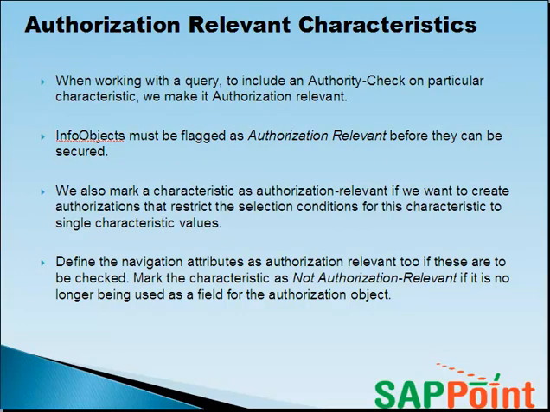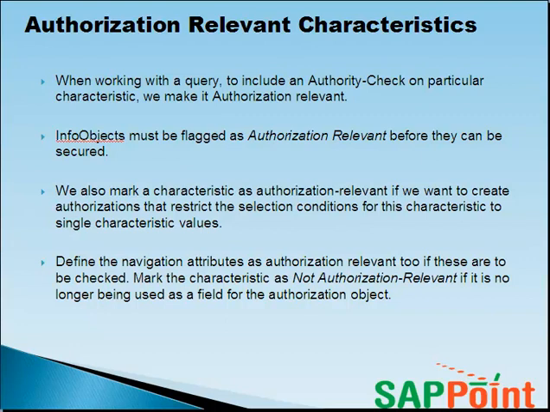Now, when working with a query, if you want security to be checked on a particular characteristic in a query, that characteristic has to be made authorization relevant. So for example, in BW, like we saw, if you want to restrict the data by company code, we had to make the company code info object authorization relevant.